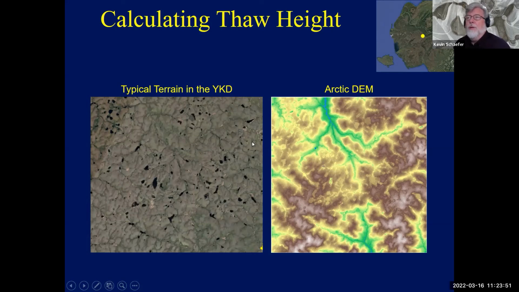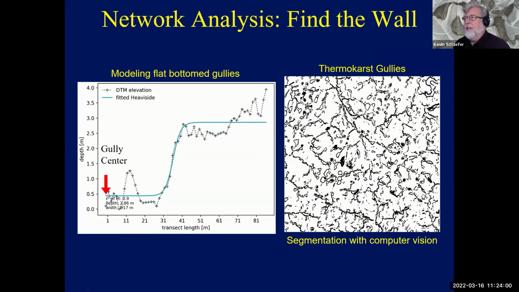But what we want to do is locate all the thermokarst gullies in a way that is accurate, and we recruited some experts on this. What we're doing is an image processing technique called segmentation. I'm not going to pretend I know all the details of this, but basically on the left, we've got a cross section through a typical gully.